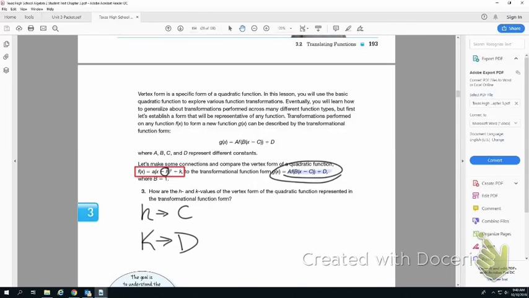D. Alright, so guys, they're doing the exact same thing. It's just that this vertex form, a lot of times it's used whenever you have a graph that has some kind of vertex. Quadratic, absolute value, those are the main ones. Alright, so let's go to the next page.